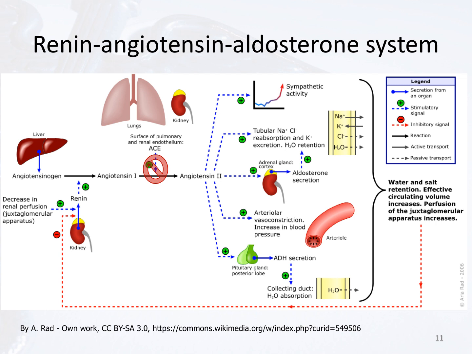Normally, ACE converts angiotensin I to angiotensin II, which mediates a variety of pathways to increase blood pressure, including the release of aldosterone, an antidiuretic hormone, and the reabsorption of sodium as well as water retention. By blocking this system, ACE inhibitors can also stop many other processes that would otherwise lead to an increase in blood pressure.